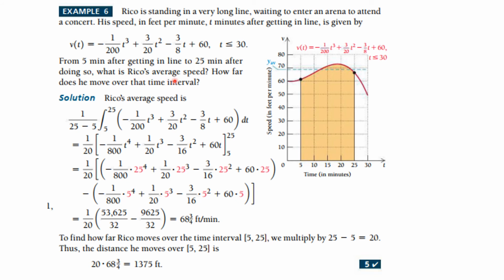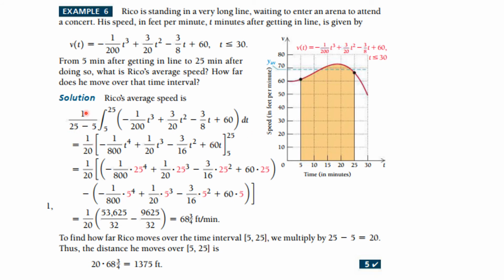It's always varying, depending on how fast the clerks are working and the needs of the people in front of him in line. So it's this red curve, but we want to know the average speed at which he is moving. It's changing all the time.